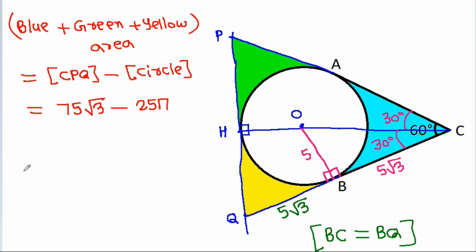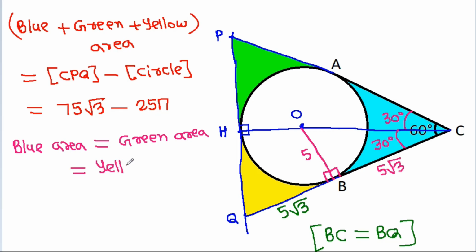and it will be equal to 75 times a square root of 3 minus 25 pi, and blue area will be equal to green area, will be equal to yellow area by symmetry.